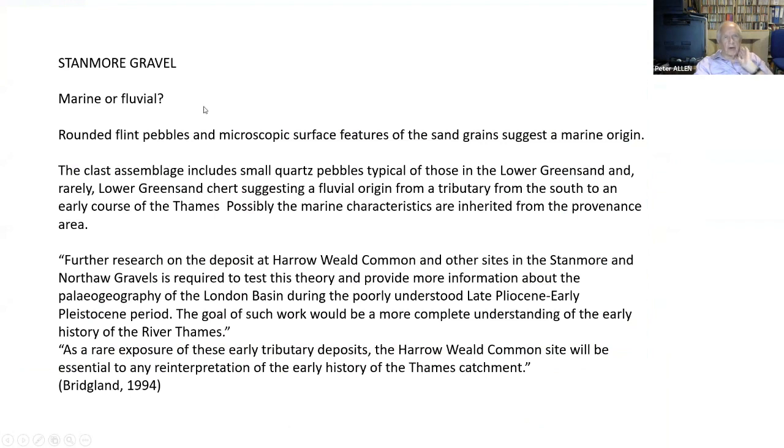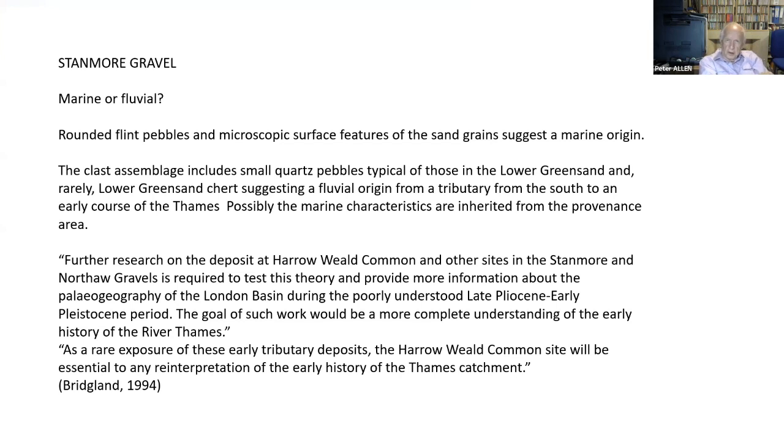Now, Stanmore Gravel is a little bit lower than the outcrops attributed to the Red Crag, but there's still debate as to whether it's marine or fluvial. The rounded flint pebbles and some microscopic features on the sand grains suggest a marine origin. But the clast assemblage also includes some small quartz pebbles, typical of those in the Lower Greensand, and occasionally you find Lower Greensand chert.